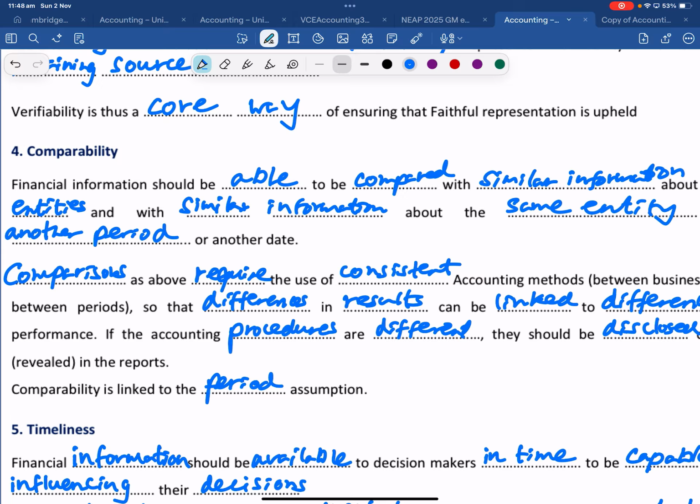We are going to talk about it, especially about depreciation. In your study design we have two methods, but there are more. If you are doing general maths, we learn more depreciation methods, and at uni also you have more. So if you change the depreciation method, then you have to mention it. Comparability does not mean you can't change it.